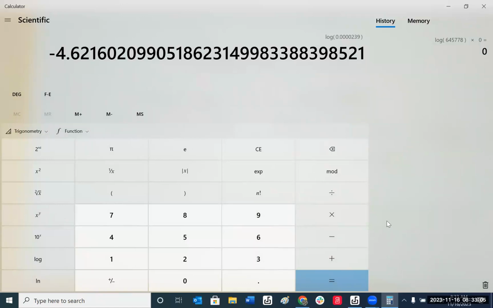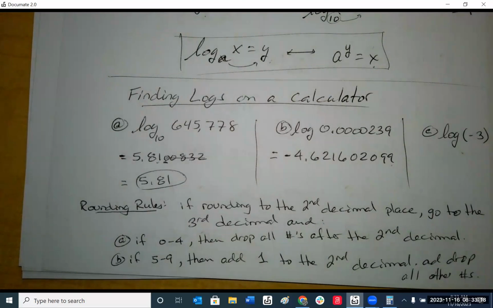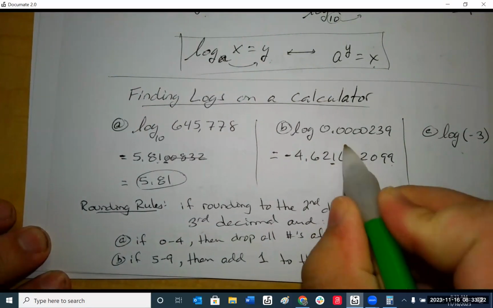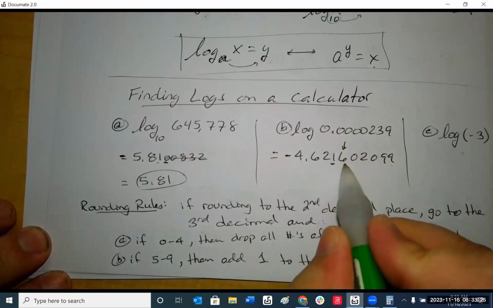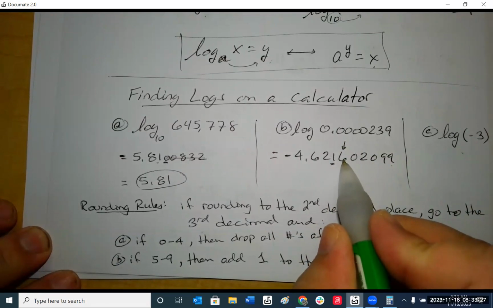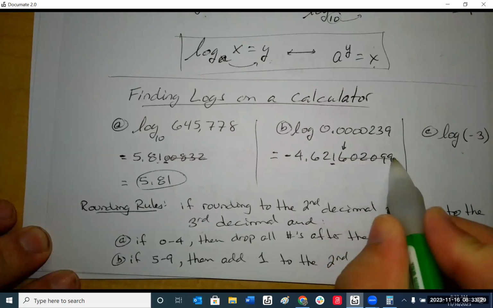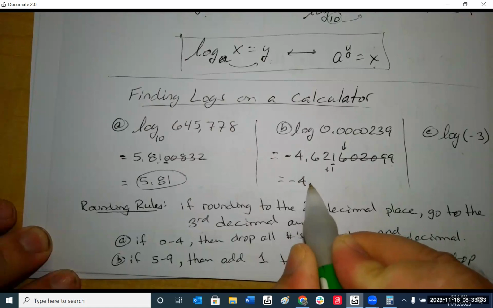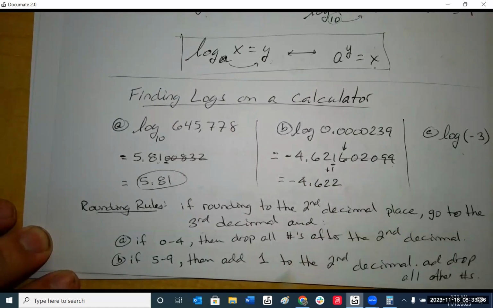Okay, for this one, let's round to the third decimal place. So since we're rounding to the third place, we look at the fourth number. It's greater than 5, so I drop all of these and add 1 to that one. So it's negative 4.622.